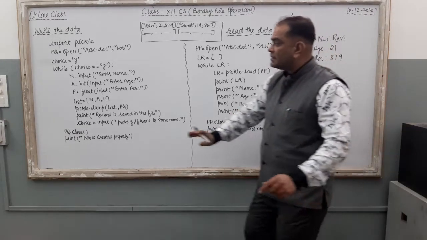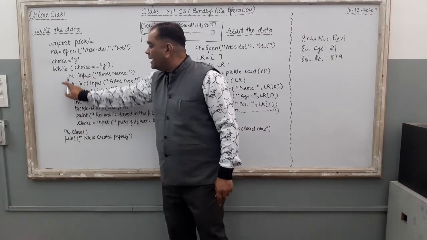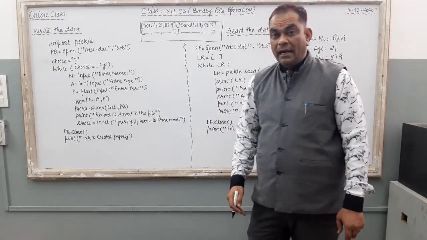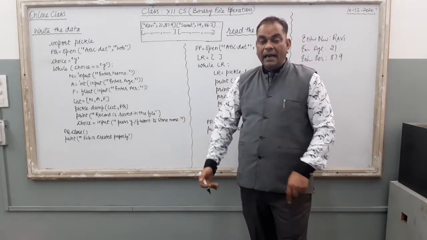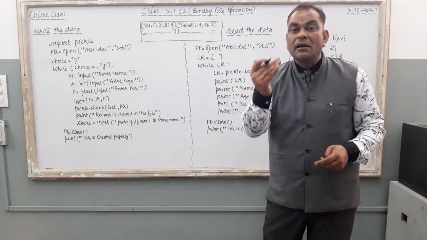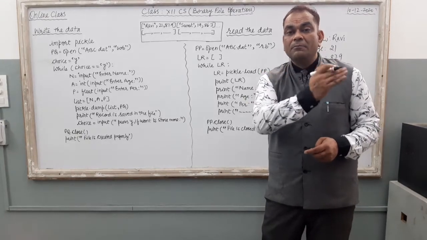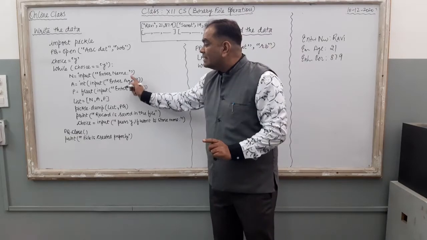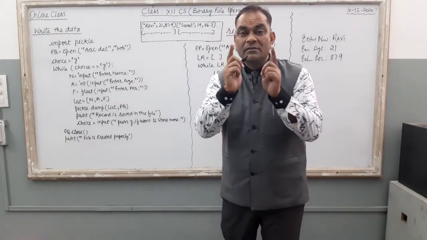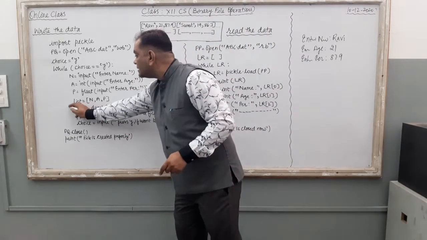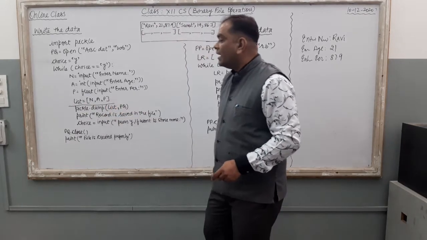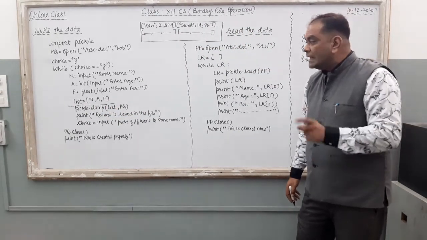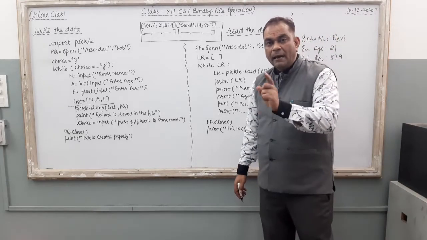So here just see n, a and p, these are three different variables, right? According to binary file handling, these three variables are treated as three different objects. Now it's your role to club these three different variables into a single unit. For that, I create a list variable in this program: list = [n, a, p].